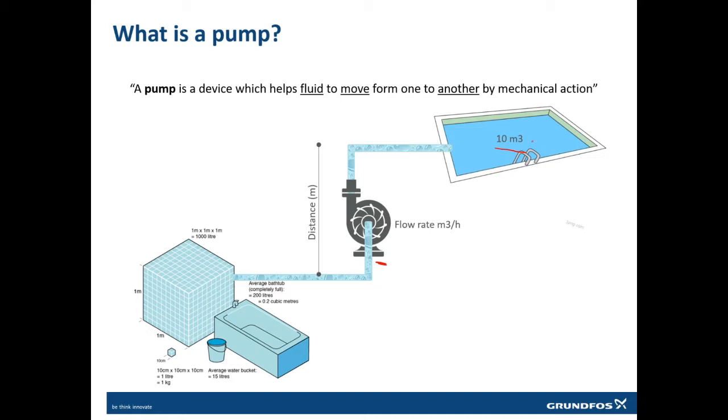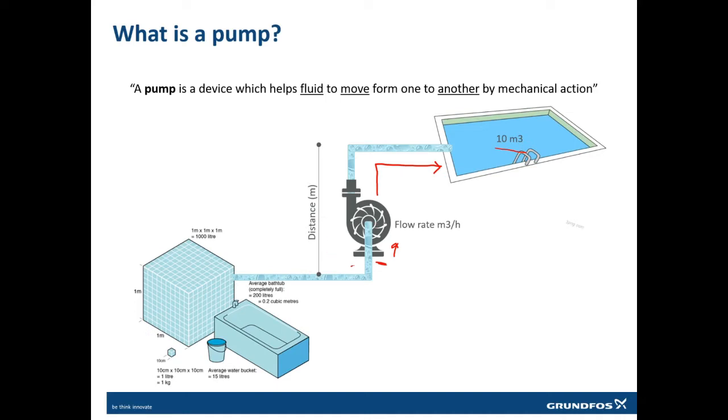So 10 meter cube is actually 10,000 liters. And then we have a source, which is the place from where the water is taken into the pump, and it is going all the way to this swimming pool. Now what I usually say is that if we have a pump, we can cover a distance.